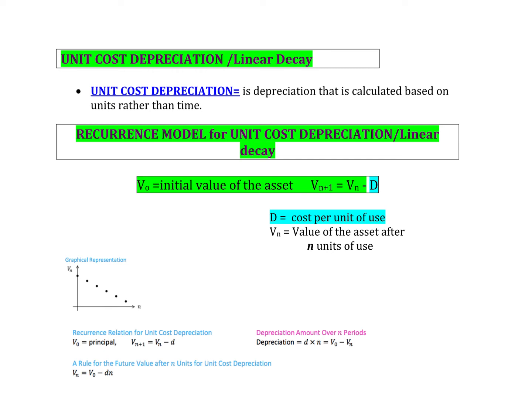And it still looks the same as flat rate. So here's the unit cost. They will tell you what the cost of use is, which is the D value.